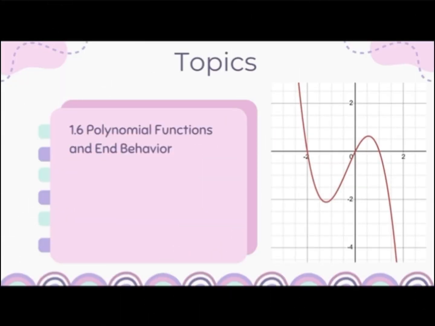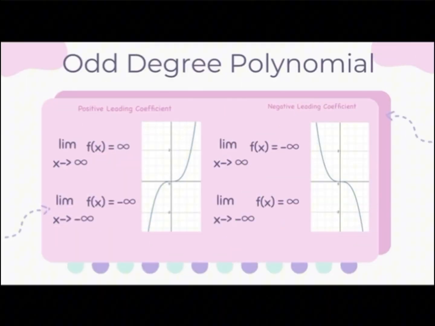In this video, we're going to be talking about 1.6, polynomial functions and end behavior. So we're going to be talking about odd degree polynomials first. On the left, we have an odd degree polynomial with a positive leading coefficient, and in this example, it's x cubed.